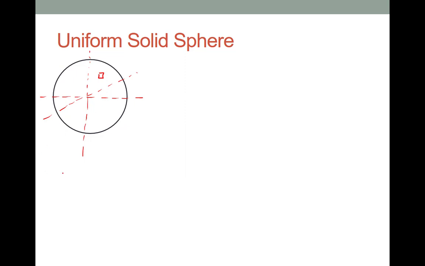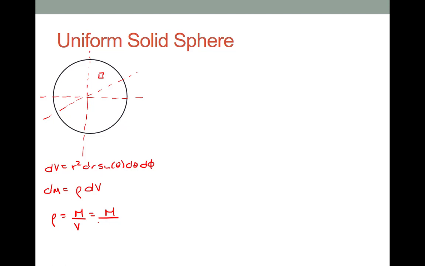And we know that the volume element is r squared dr sine theta d theta d phi. I can define the little chunk of mass dm as rho dv, where rho is the density. And we're going to assume again that it is constant. So rho will be the mass of the sphere divided by the volume of the sphere.